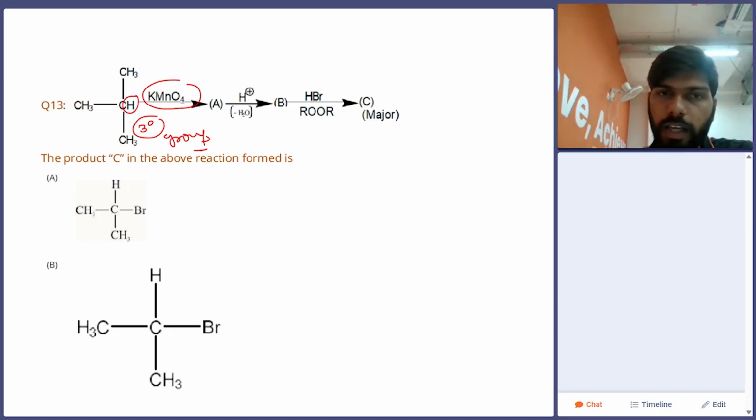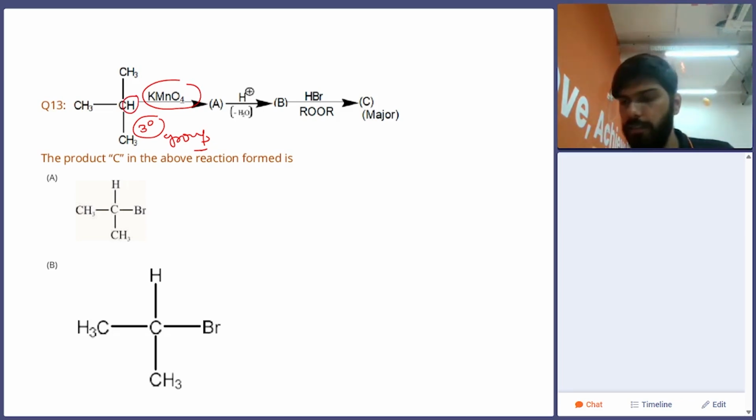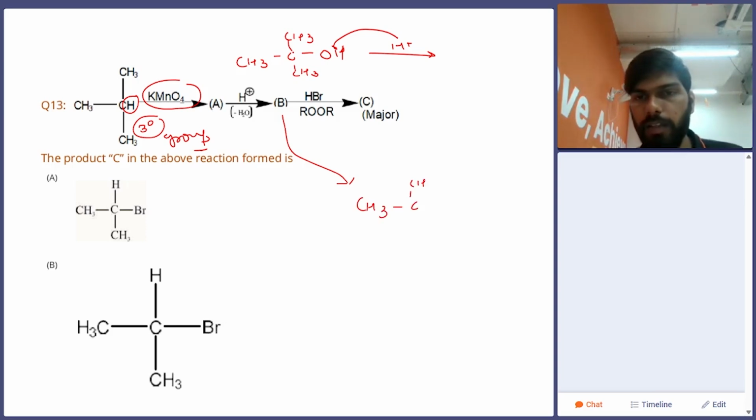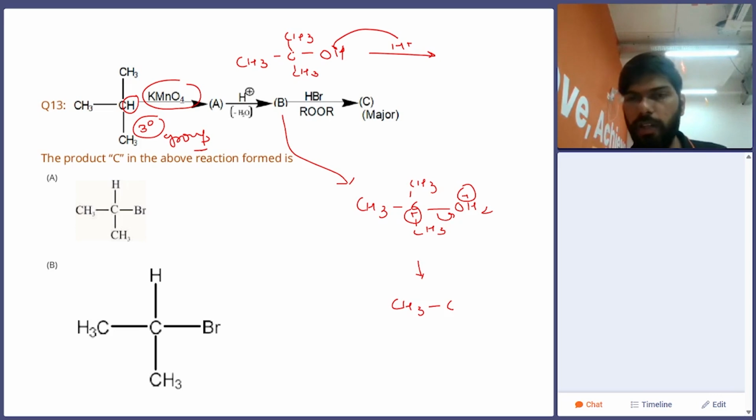So here the reaction is CH3 C CH3 CH3 OH, and now in acidic medium H plus will attack. So the B product is CH3 C CH3 CH3 OH2 plus, and after that elimination will also occur.